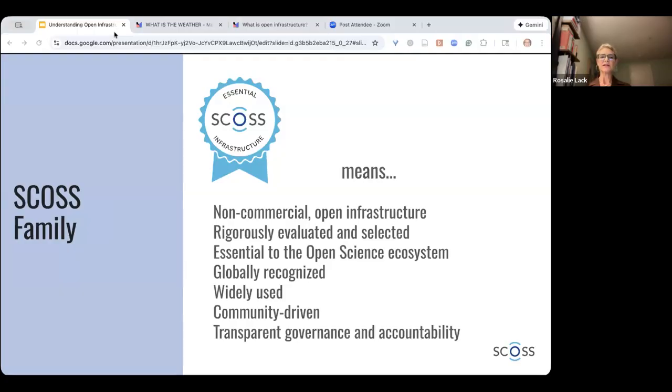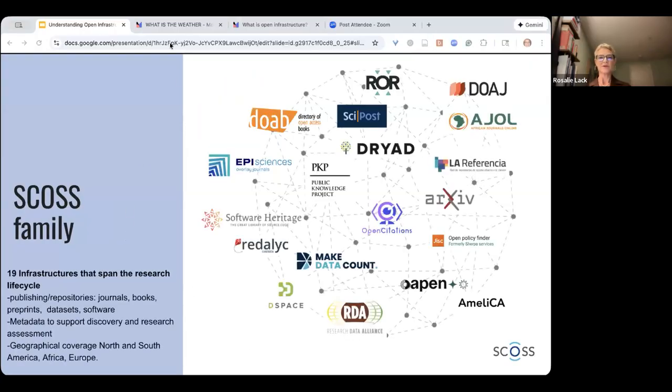When these infrastructures have been SCOSS selected, then you know that this is what you're getting. And again, these are the infrastructures currently that are SCOSS endorsed. I invite you to take a look at any of them. If you're not familiar with any, please do take a look and familiarize yourself with them.